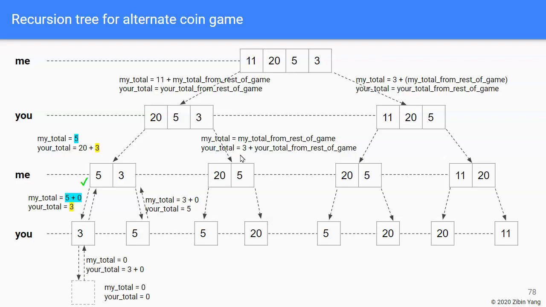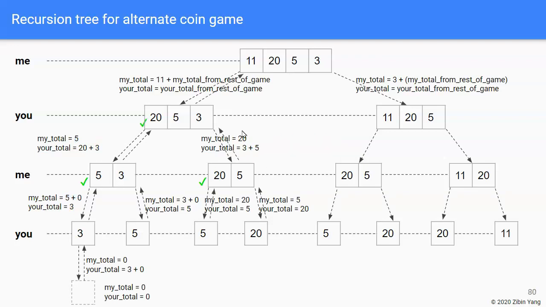But we can obviously do the same thing, and we can just calculate that. What we're going to come up with is that if you pick the coin 3 here, then my total would be 20 and your total would be 8.